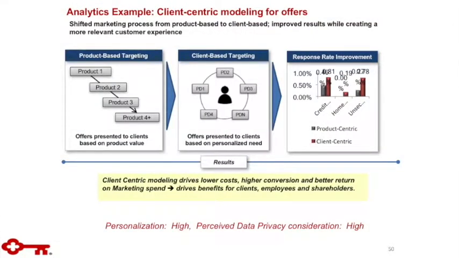I'll give another example. This is more around marketing. So what offers do we give to our clients? Historically, we were doing product-based offers, meaning if product one was more profitable to us or just was going to lead to a more loyal customer, we would promote that ahead of product four.